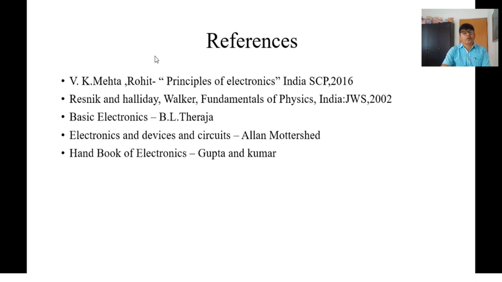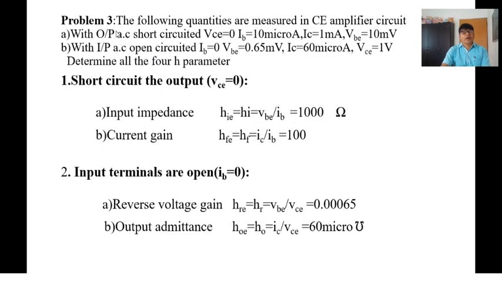Now one more problem. The following quantities are measured in a CE amplifier circuit with output AC shorted and input AC open circuit: VC, base current, collector current, and base emitter voltage are given. Therefore input impedance can be taken as the voltage across base emitter divided by the current at the base, and that can be calculated using the given data.